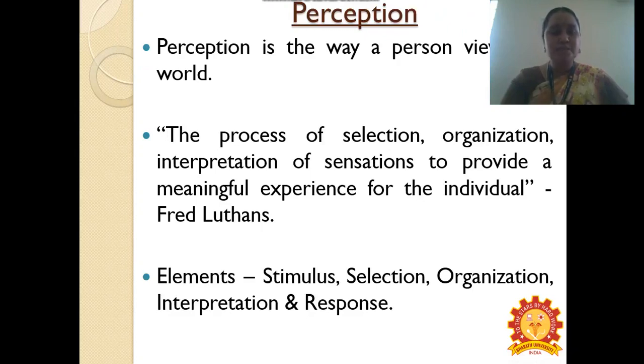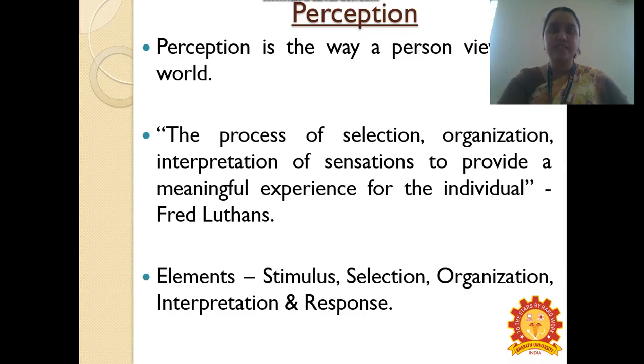So what is perception? We know that perception is something that is related to seeing. So perception can be inferred as the way in which a person is going to see the world. So perception can be defined as a process of selection, organization, and the interpretation of sensations to provide a meaningful experience for individuals.